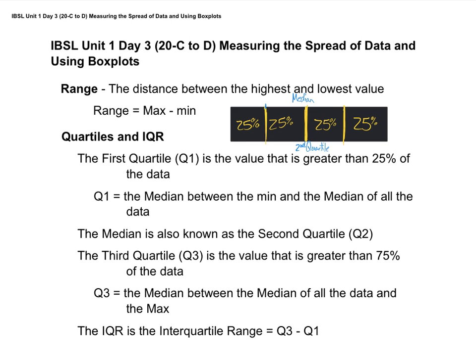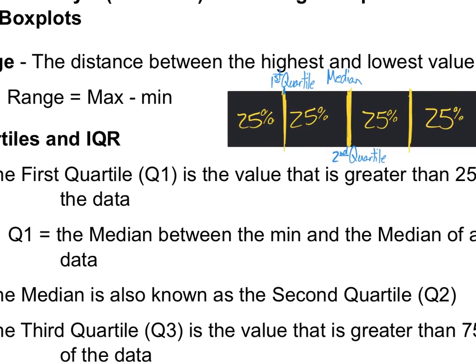Yeah, or a quarter. So I would call this value here, the value that's bigger than 25% of my data, my first quartile. That's my first quartile. Let me zoom in a little bit so you can see it a little better.